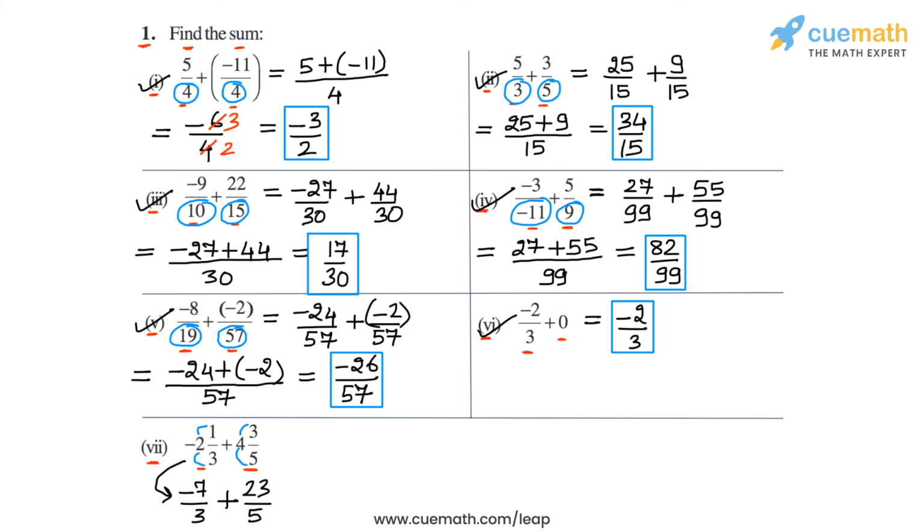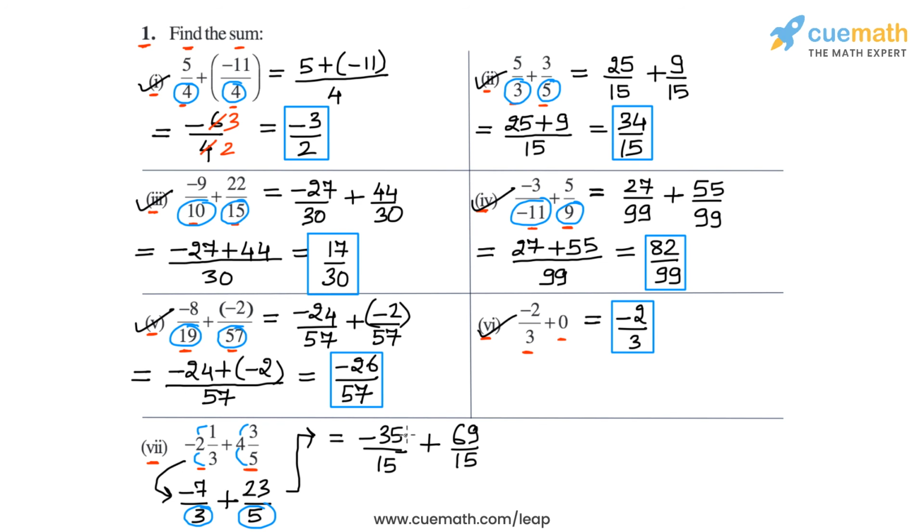Okay. And now the denominators are 3 and 5. Their LCM is 15. So let's write both of them as equivalent rational numbers with denominator 15. So minus 7 by 3 can be written as minus 35 by 15. We multiply the first number with 5 above and below. And then the second number 23 by 5 can be written as 69 by 15.